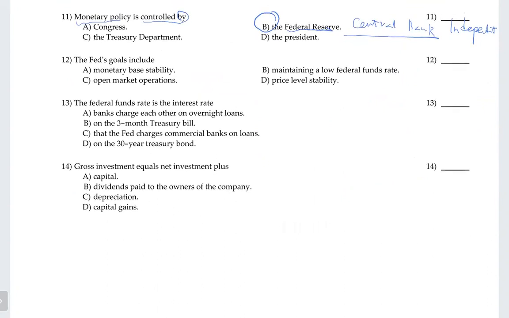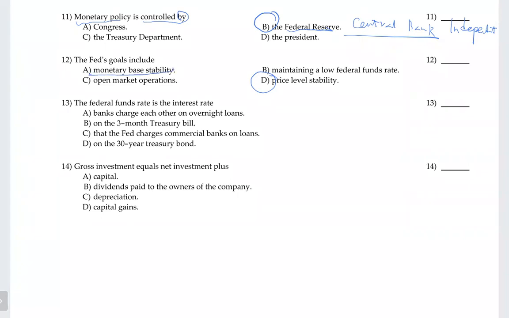12, the Fed's goal includes price stability. Right, so remember we talked about there are two goals of the Fed. One is price stability. The other is the labor market. Okay, so monetary base stability is not their goal.